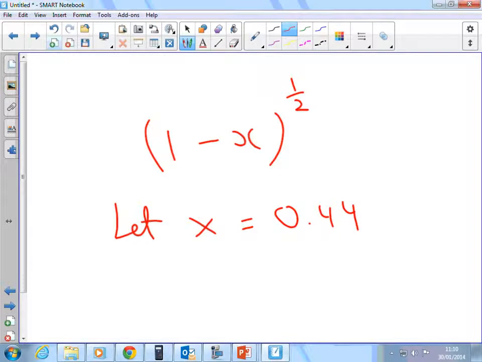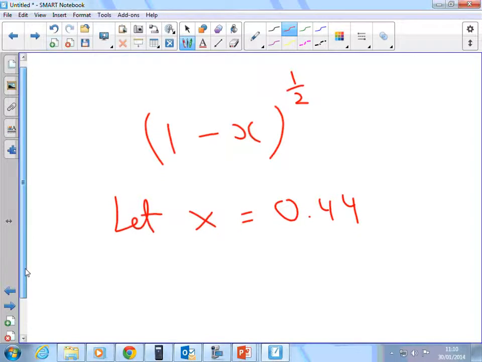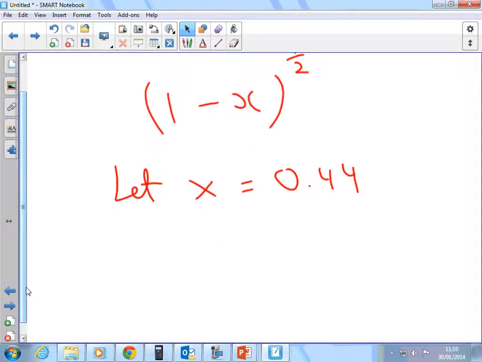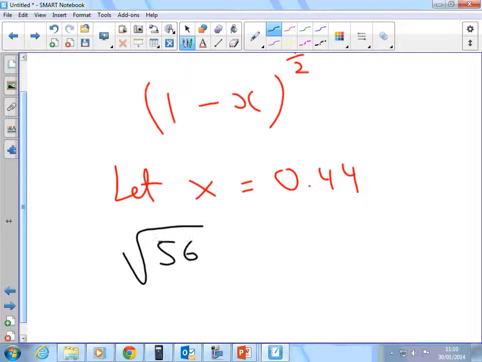Okay, and when we expand this, we find the first, let's say up to x to the 3. When x is equal to 0.44, we're actually finding an approximation to the square root of 56 over 100.